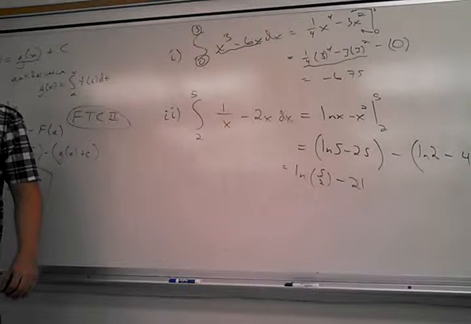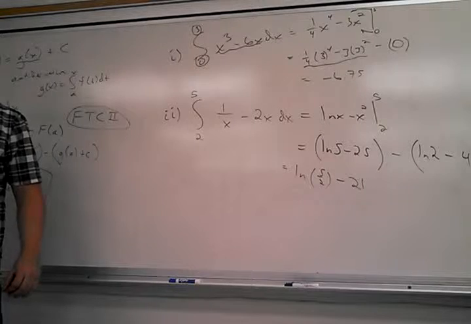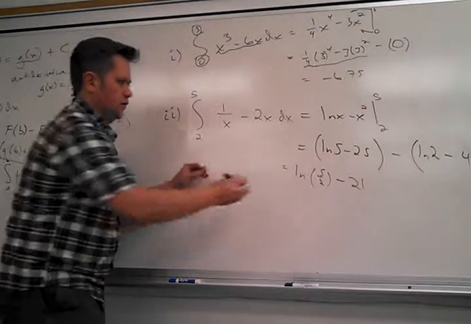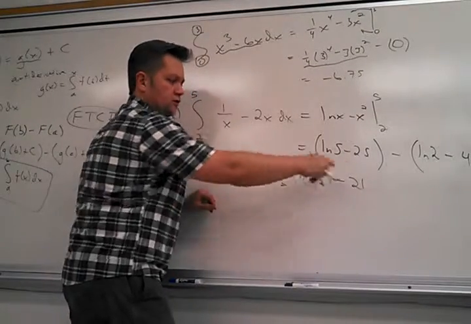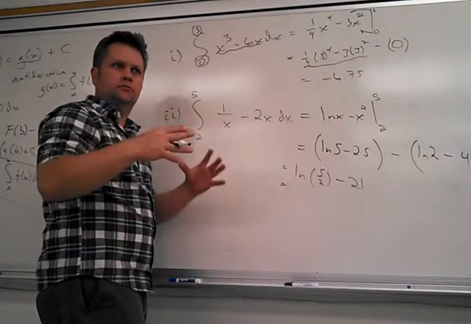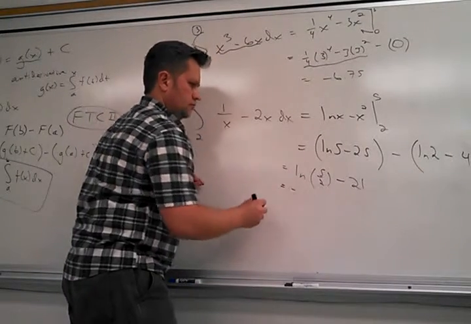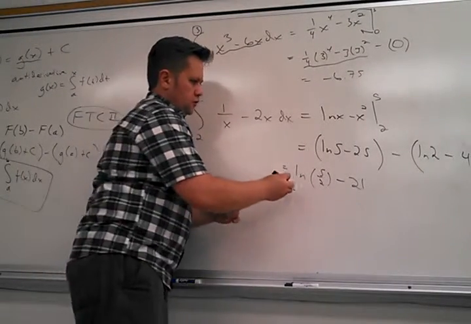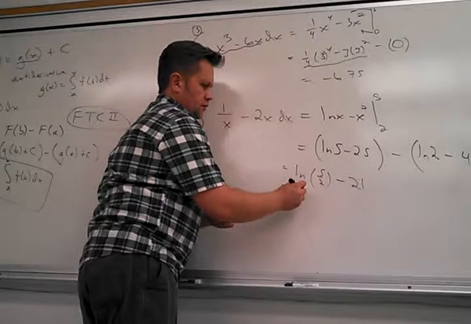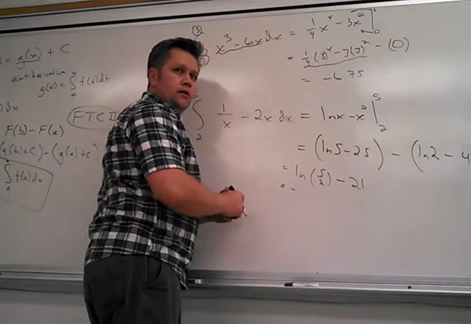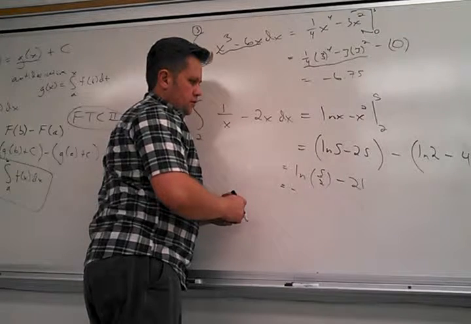Where'd the 5 halves come from? Yeah, property of logarithms, it doesn't matter. You don't have to do it. So what is ln of 5 halves, roughly, minus 21? What do you guys get at the end there? Negative 28.084. Nope. Try again. Negative 20.08.